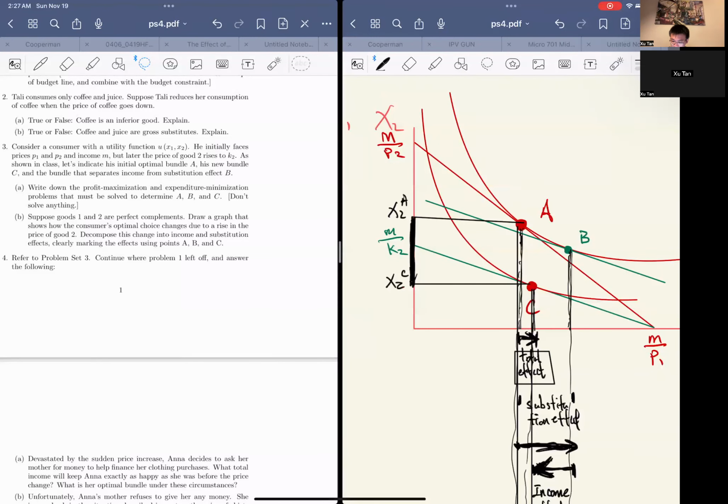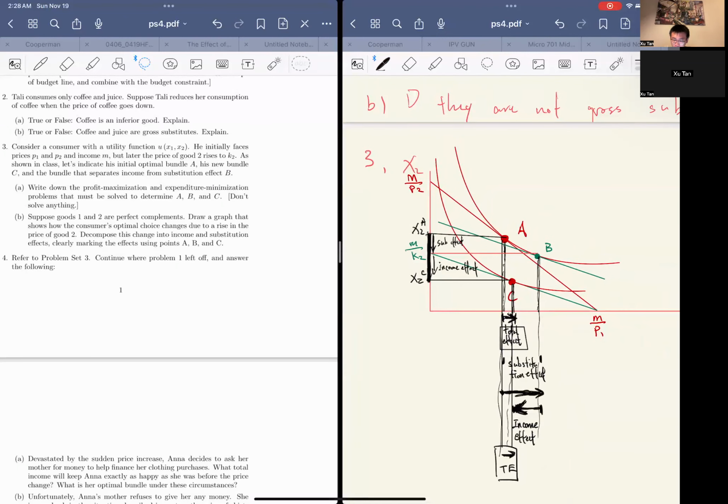So the substitution effect, imagine this straight, this part would be the substitution effect, and this part would be the income effect. Add up together, you get the total effect of x2, in terms of x2's angle, not x1, right?